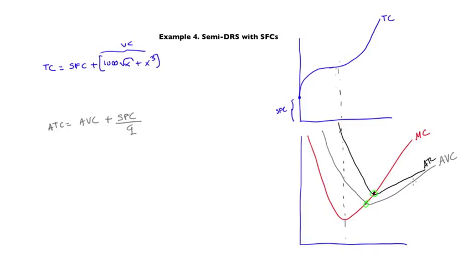Now, what kind of technology has this general shape? Well, because of the presence of the semi-fixed cost, it has a minimal scale, but then it also has this notion of optimal scale in the background. Why is that? Because notice that for a while, adding more production helps, you become more efficient.